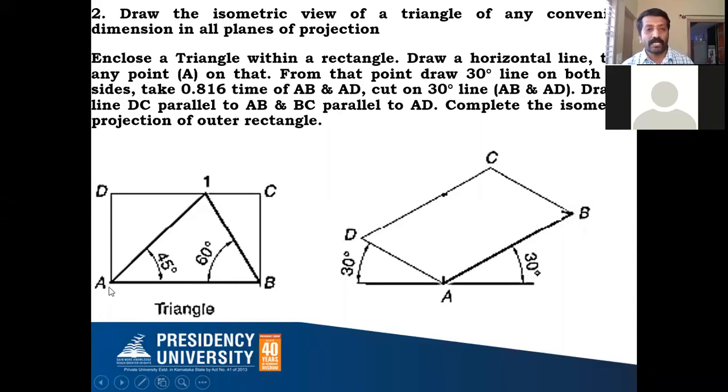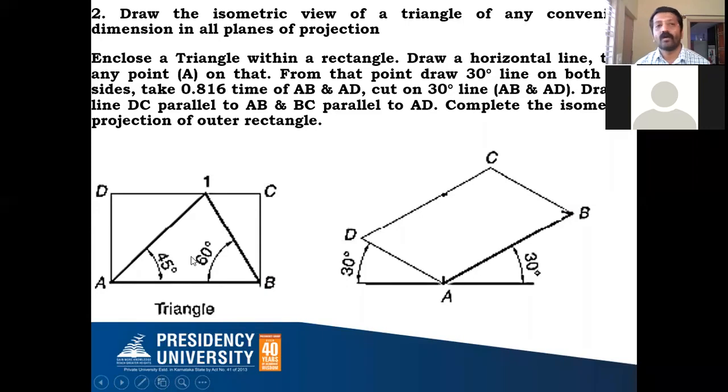Your triangle is ready, with A, B, and 1 as the names. From A you draw a vertical projector, from B you draw a vertical projector, and from point 1 you draw a horizontal projector to the left and to the right. After drawing these projectors, erase all other lines and retain the rectangle.